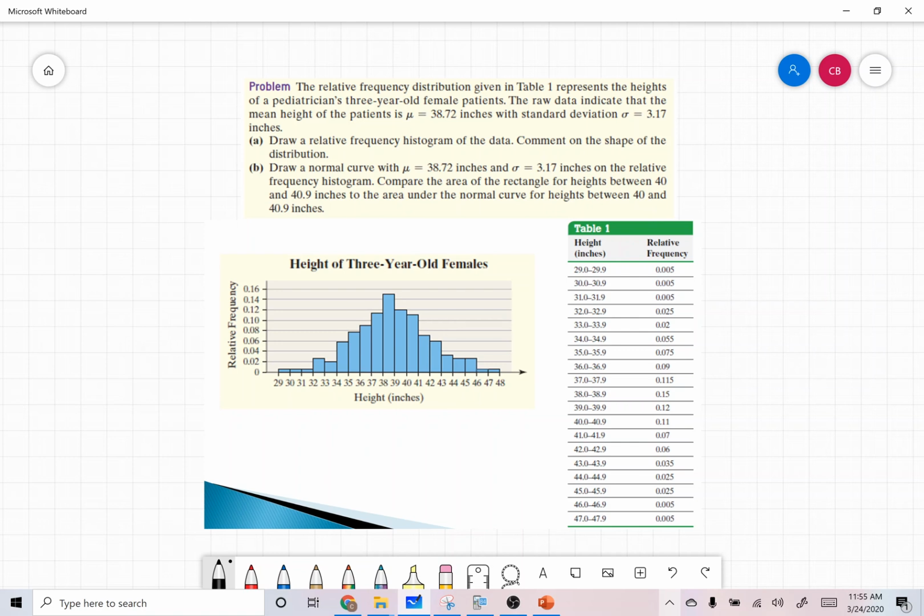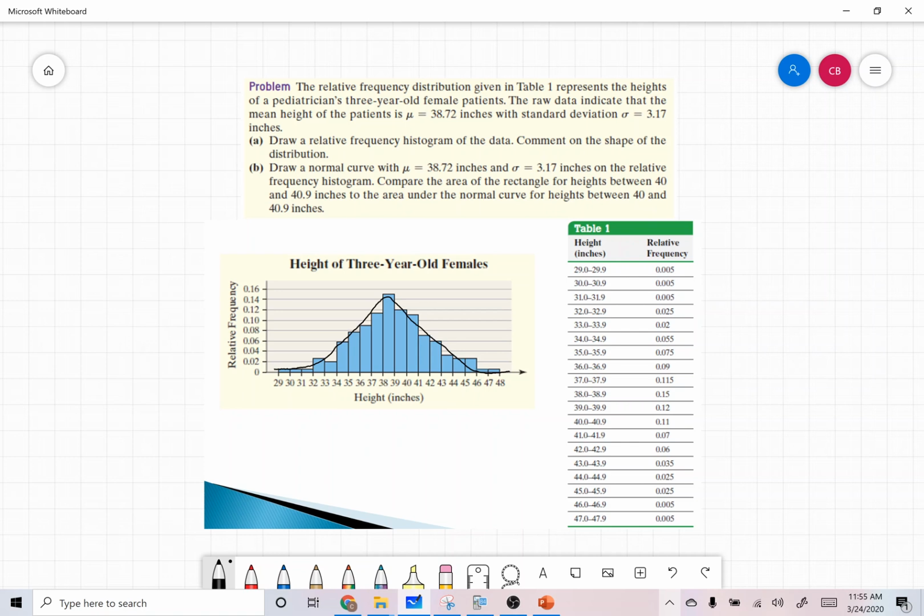So what I'm going to do is I'm just going to draw it on the actual picture. If we were to draw a normal curve, or the kind of shape of this thing, it would go something like this. It's not perfect, but at the same time, I'm doing it by hand.